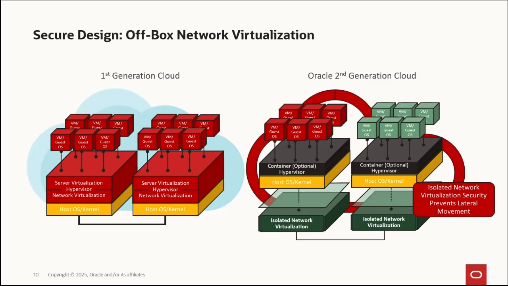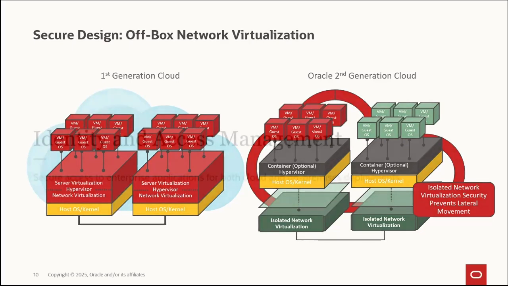This can lead to several threats to hosts on the network and could also expose private tenant data. Versus in Oracle's second generation cloud, we have a custom designed SmartNIC that isolates and virtualizes the network separately. SmartNIC isolates the software from the host and prevents a compromised instance from further compromising the network.